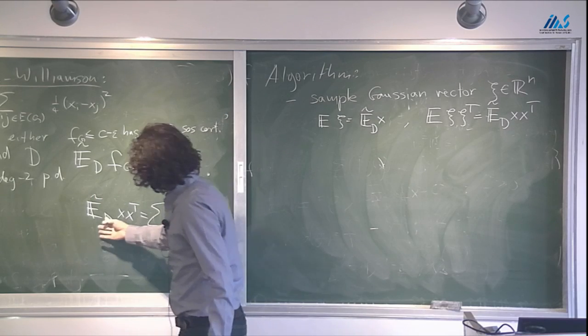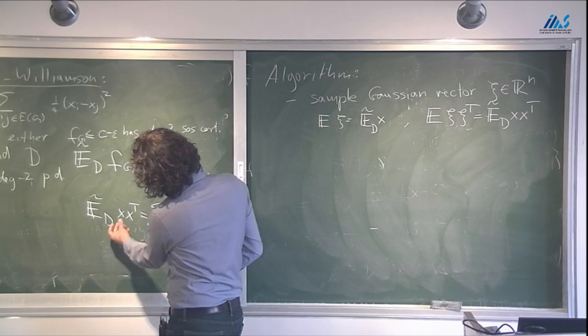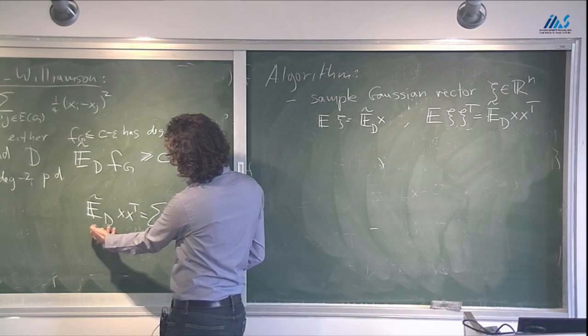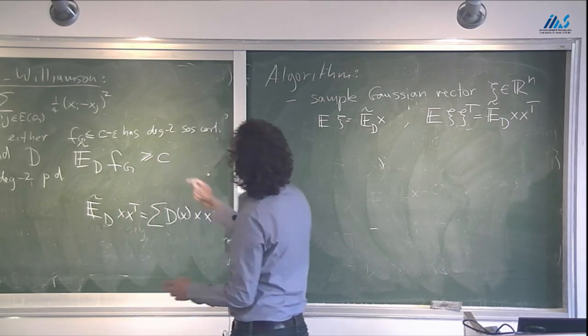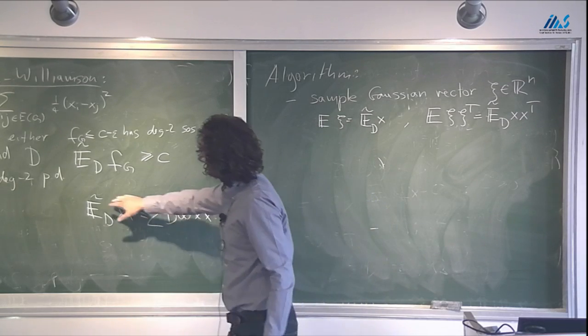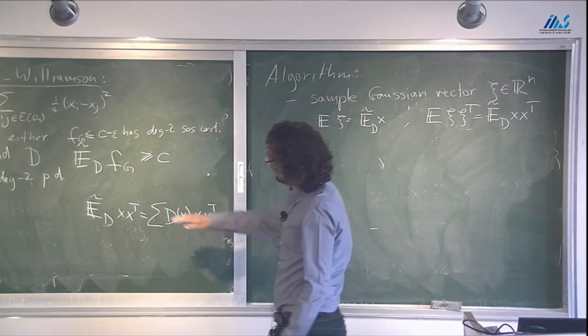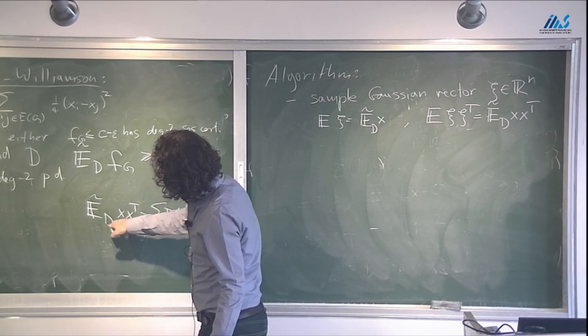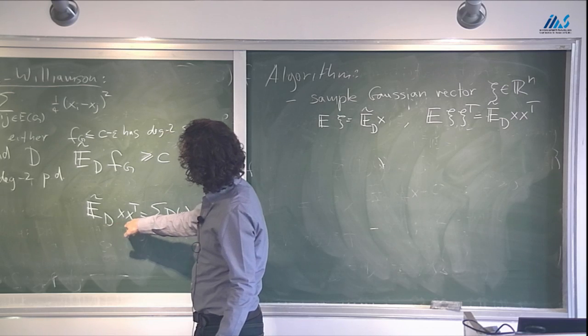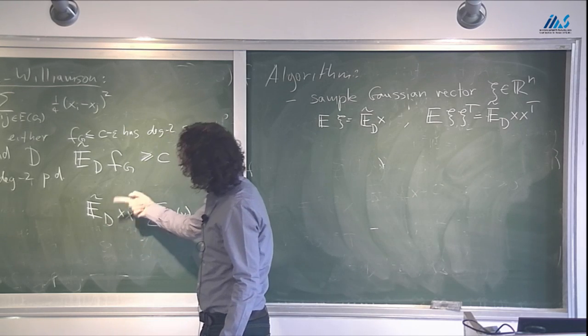And now I can look at the pseudo-expectation. First of all, all the expressions that I write with this tilde up front, you should first try to interpret without the tilde, just to make sense. Then you would have an expectation, under some distribution over the hypercube, of the matrix x x transpose.